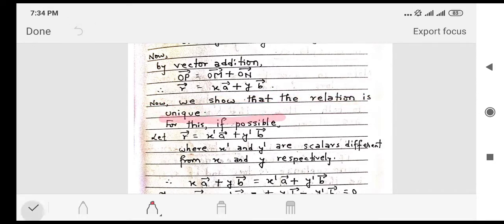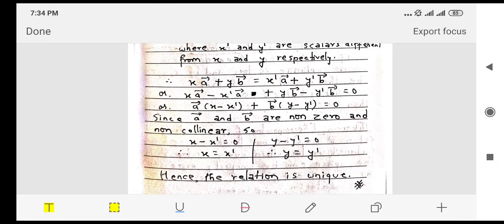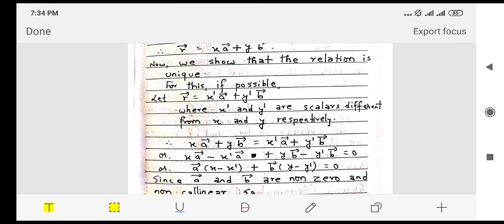So for this, if possible, let vector r be equal to x dash vector a plus y dash vector b, where x dash and y dash are scalars different from x and y respectively. So it is also vector r equal to x dash vector a plus y dash vector b, and it is also vector r, that is x vector a plus y vector b.